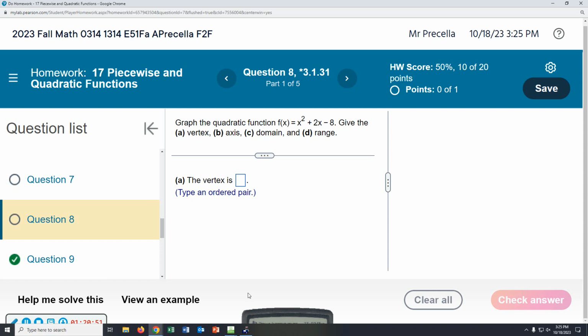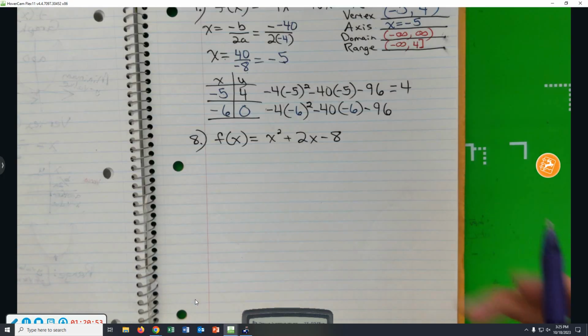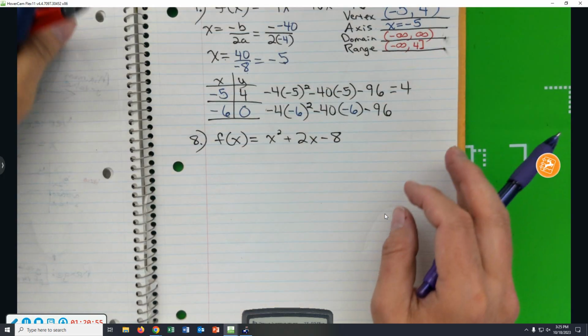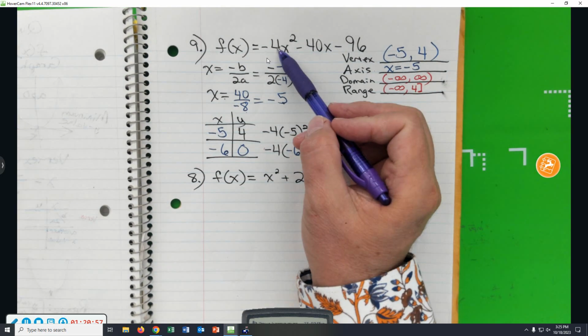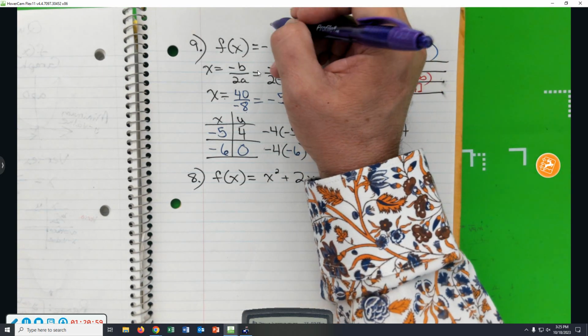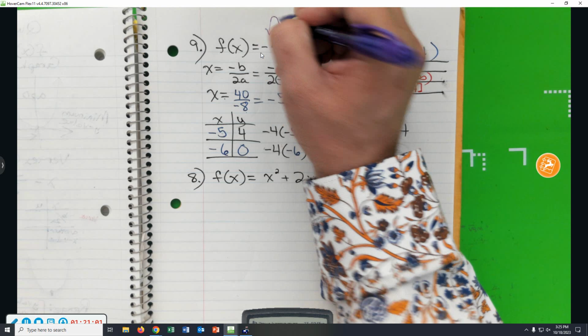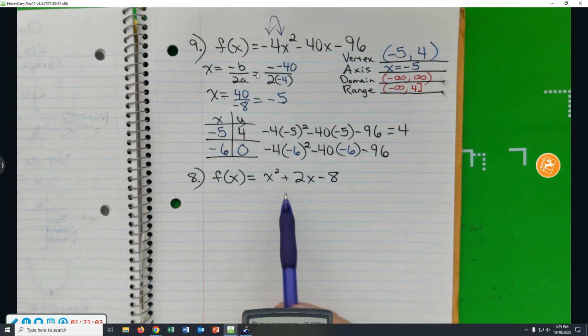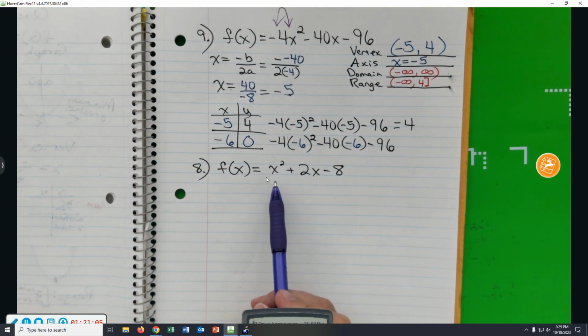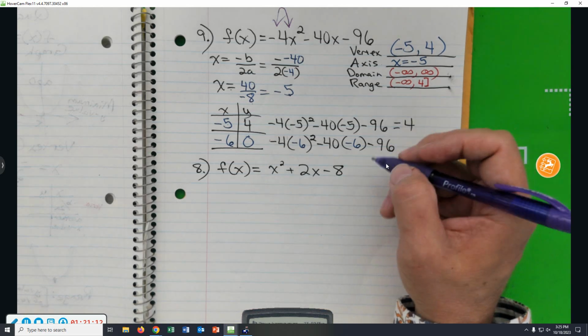Switch over to my paper. On the last one, the A value was negative, and so when we graphed it, we saw it was opening downward. What's the A value here? I don't see a number in front of x squared. That's a positive 1, which means we expect this graph to open up.